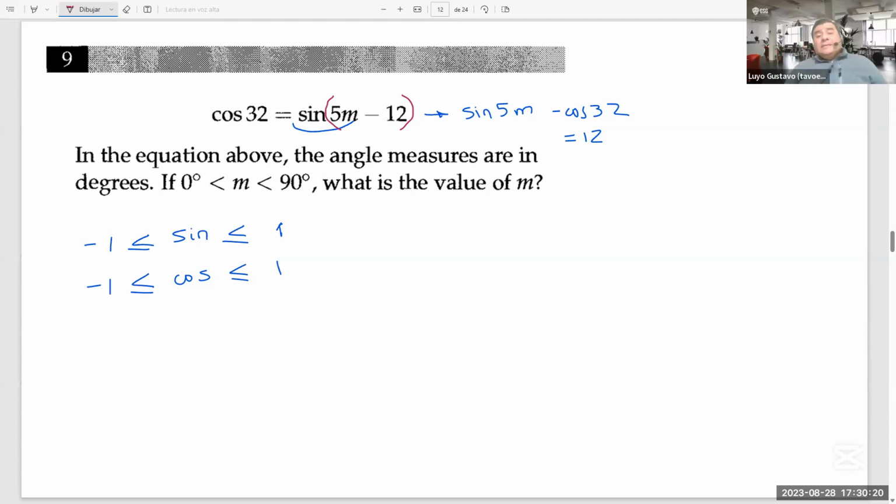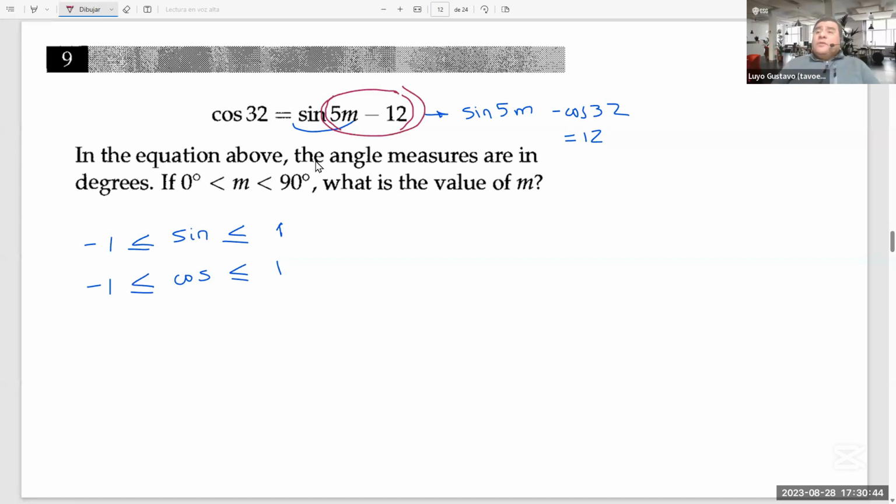Okay, let's see the answer to this question. So, since it was impossible to consider that the sine only affected the angle 5m, it would make no sense to have a difference of a sine and cosine of 12. Then we consider that the whole expression is the value of the angle.